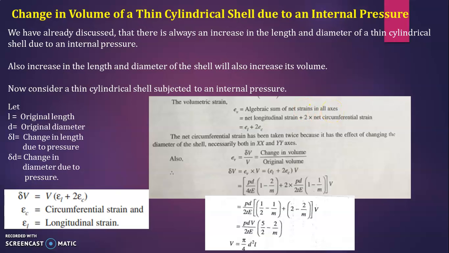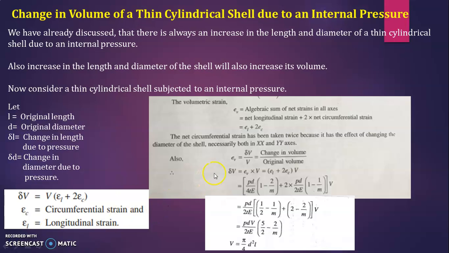That is the net longitudinal strain plus 2 times the net circumferential strain, that is EV is equal to EL plus 2 times EC. EL is longitudinal strain and EC is circumferential strain. Same thing is written here.